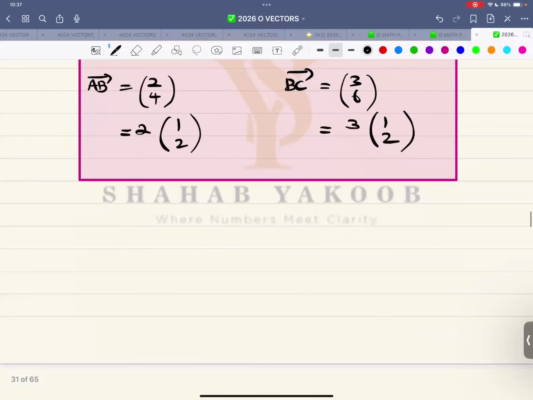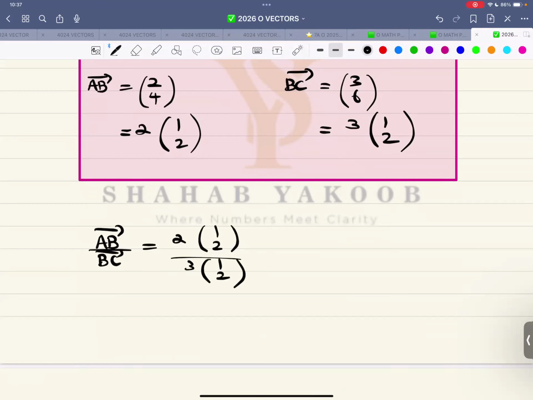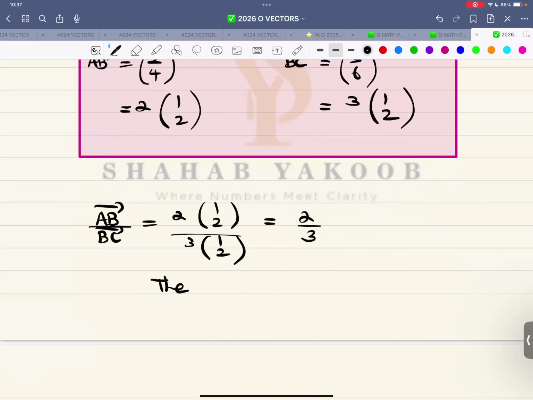Now, if I divide two vectors, AB divided by BC, this is 2(1, 2) and this is 3(1, 2), and the vectors cancel out and I'm left with a ratio, that means the two vectors are parallel. If two vectors are parallel, their division will give me a constant.